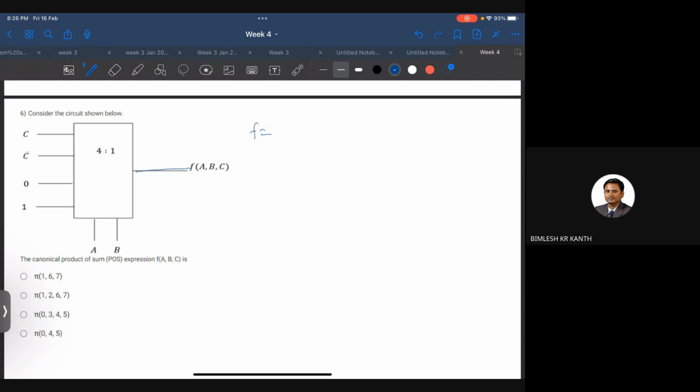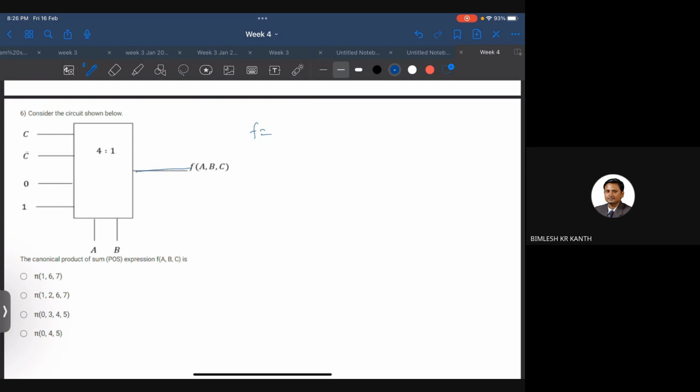The truth table will have four inputs. That will be for C bar: 0 and 1 will always be 0 and 1, so that is fixed. So C bar will be 0, 1, 1, 0. That is also fixed.